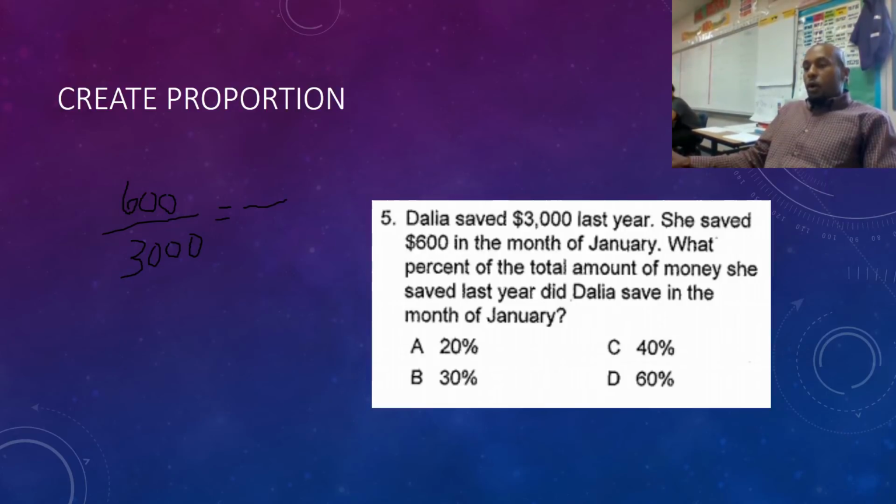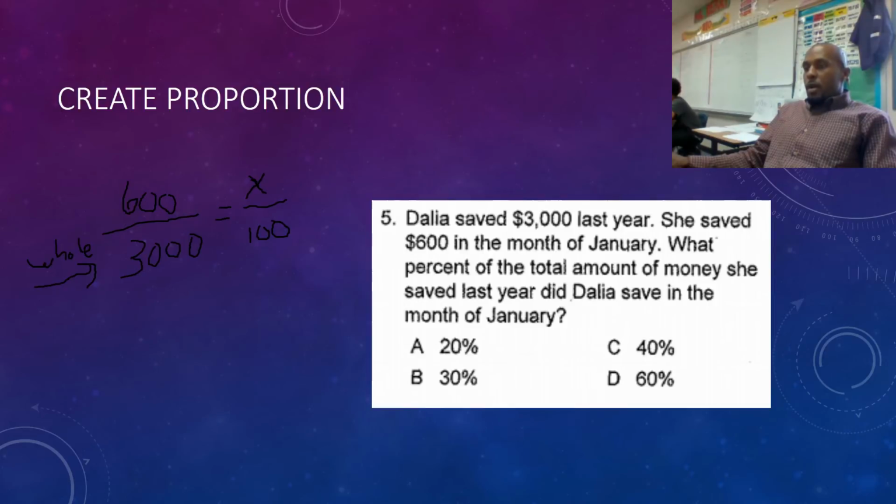Okay, so we have our whole. We know that 3,000 is our whole because she saved 3,000 in 1 year. So that's our whole, that's our 100%. So we're trying to figure out what percentage is 600.